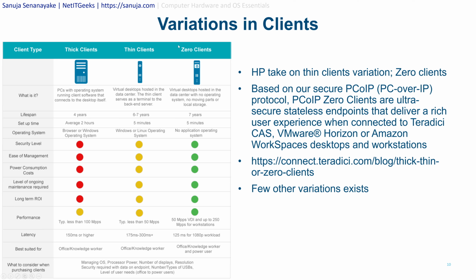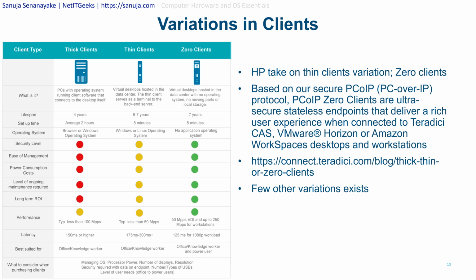This is one of the ways that a manufacturer takes a different variety of clients. They are basically secure stateless endpoints that deliver a rich user experience when connected to an HP proprietary CAS, a VMware Horizon, or an Amazon Workspaces desktop and workstation.